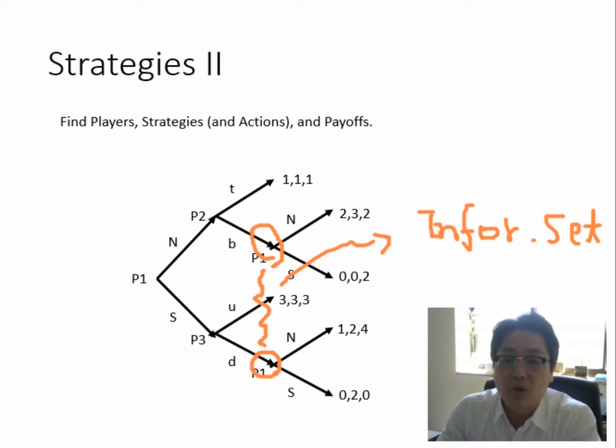Why cannot the player distinguish where the player is between these two nodes? Because the information that the player has at these nodes is the same.